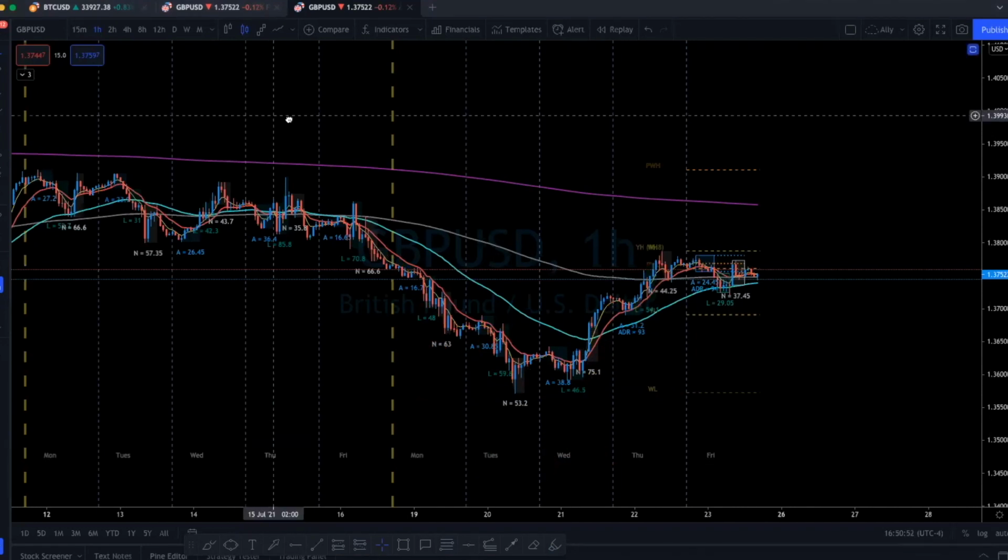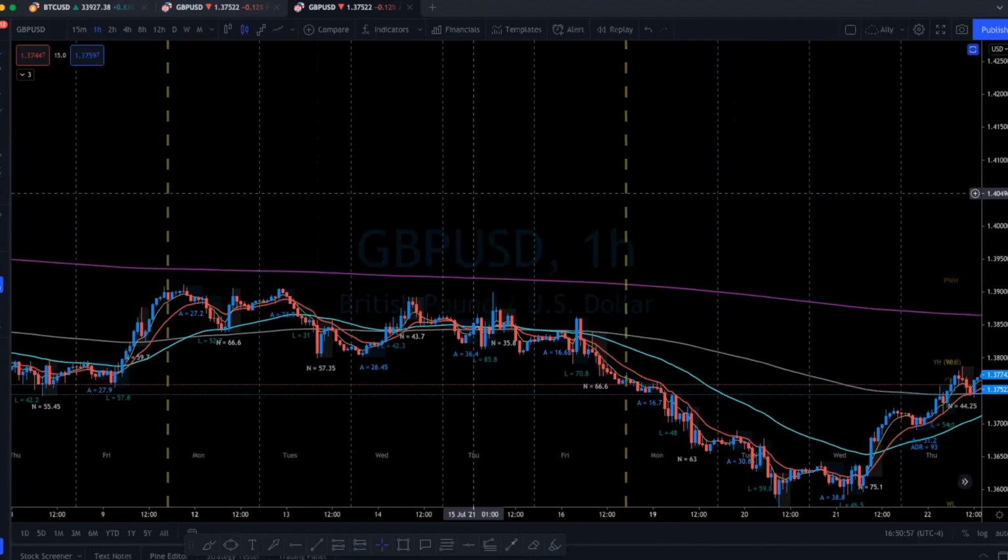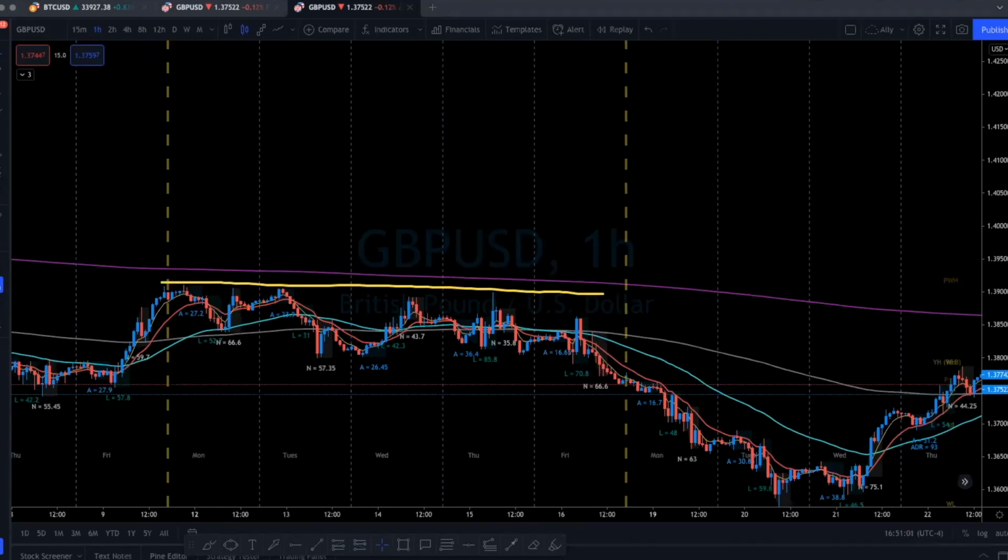If you look at the previous week, you can see where price action just moved sideways. It just went like this.